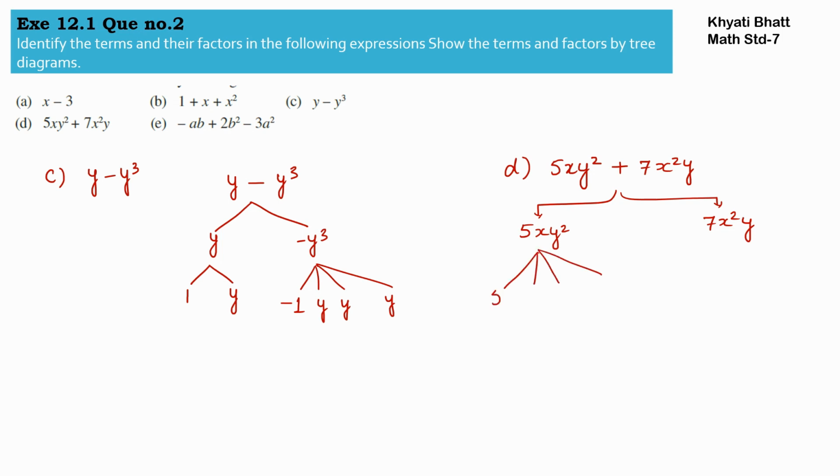Here 5 is there as a number coefficient, and then x is there, and along with that 2 y's are there. Here first 7 is there, then x square, so there will be 2 x's and then y is there. So there are 4 factors for both of these terms, and they both are positive, so we do not need to add any sign here.